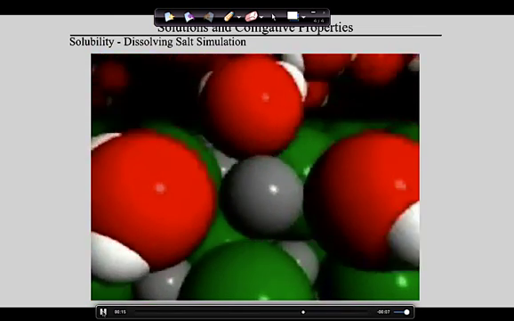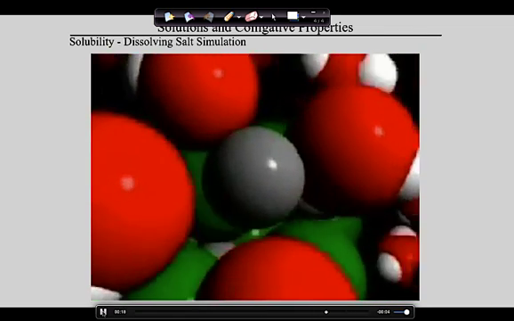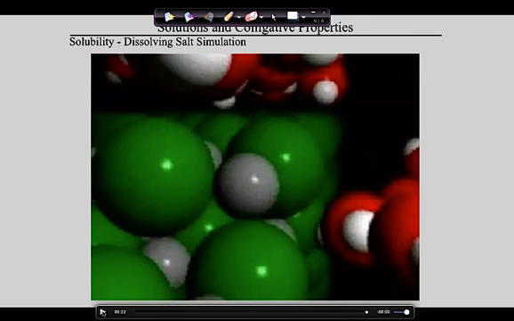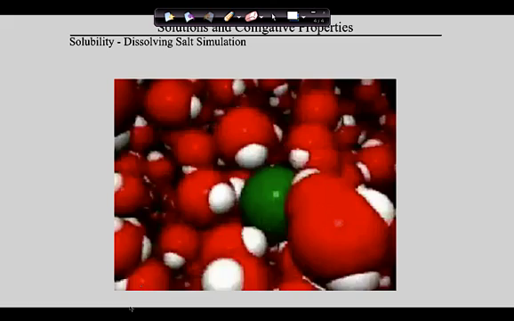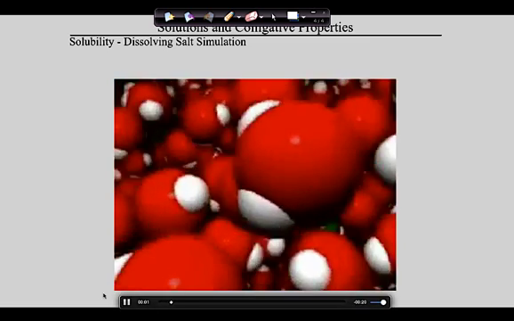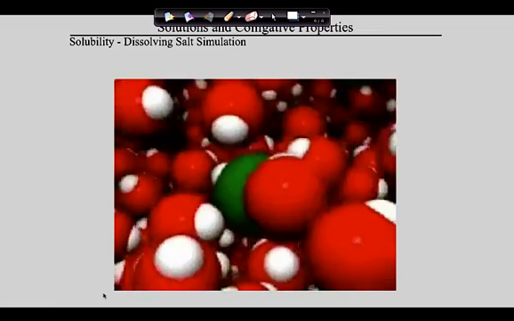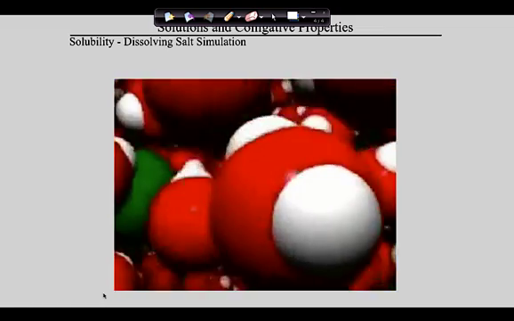And again, guys, the intermolecular forces there are strong. The water is strongly attracted to the ions, and it drags those ions off into solution. So then, what does the solution look like? Well, guys, this is actually what salt water looks like. There's the mosh pit. You've got the water molecules all bouncing around.